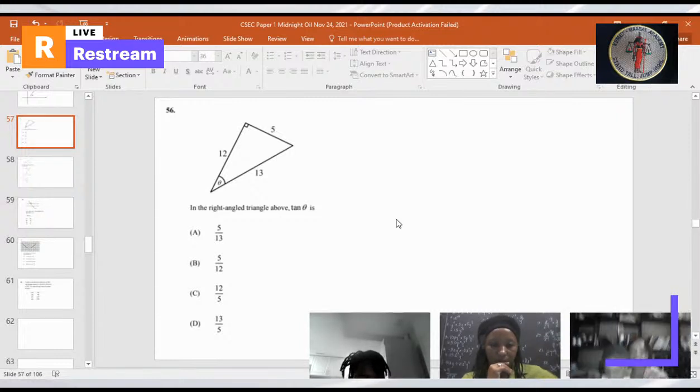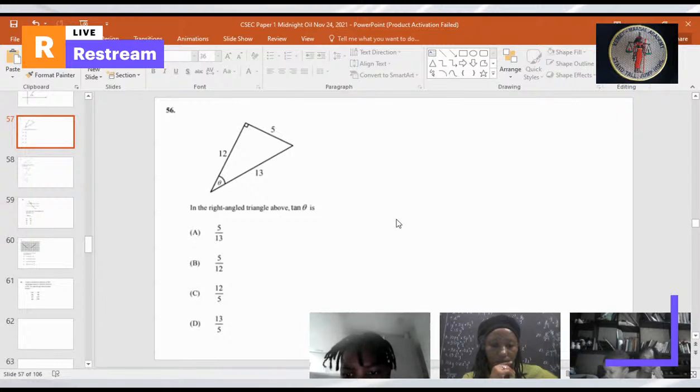Opposite over adjacent. Oh miss, this is 5, 12, 13. Isn't this one of the special triangles? Yeah. So what would be the tan of theta?